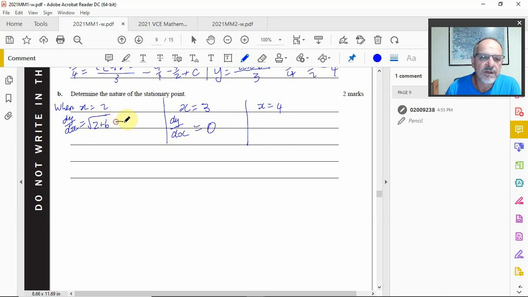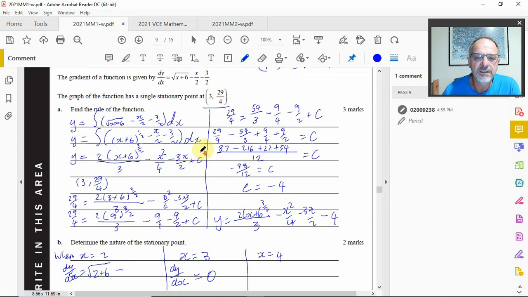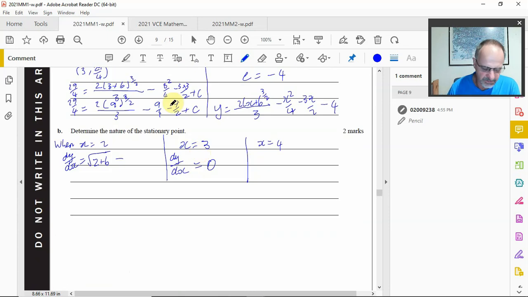Plus minus, I think it's minus, isn't it? Yep, minus x on 2, so minus 2 on 2, minus 3 on 2. So that's square root 8, minus 5 on 2. Now square root 8 is 2 root 2.